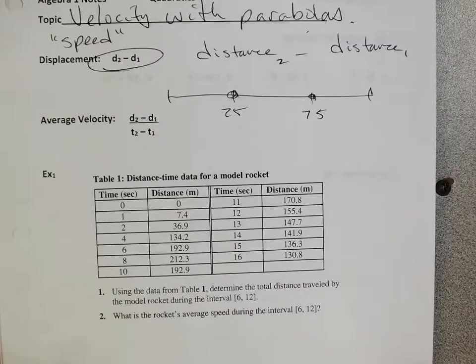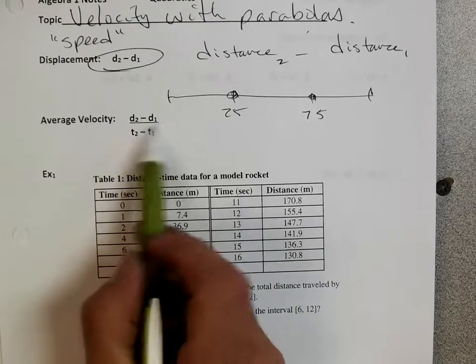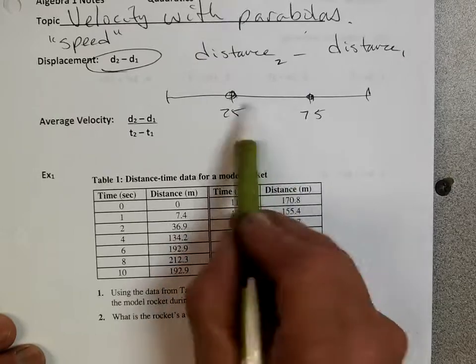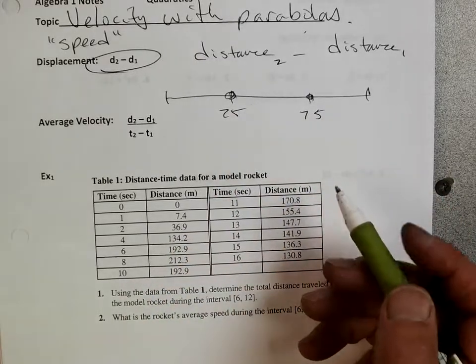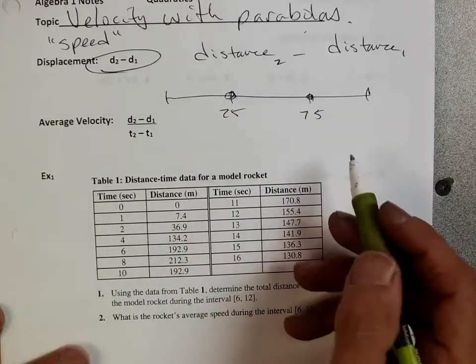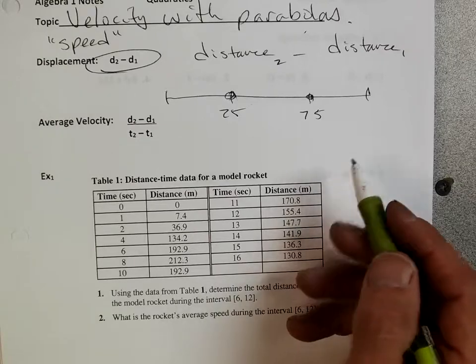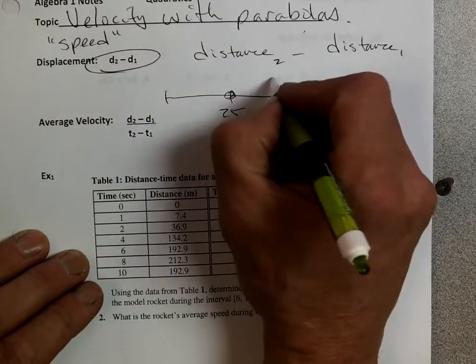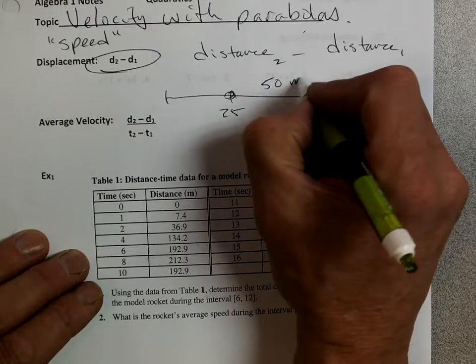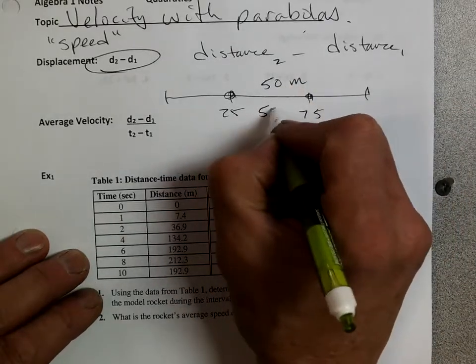Then velocity is going to be, well, how fast did you go in that time? So you need your distance. Let's say you've got 50 meters, and you did it in 5 seconds.